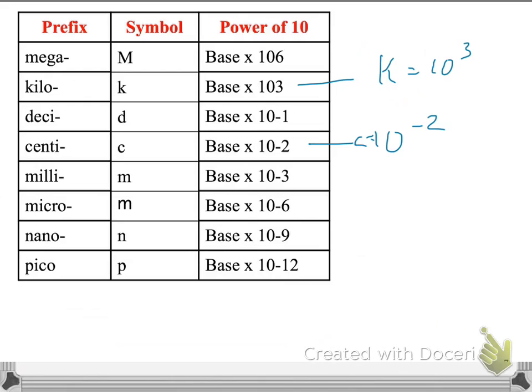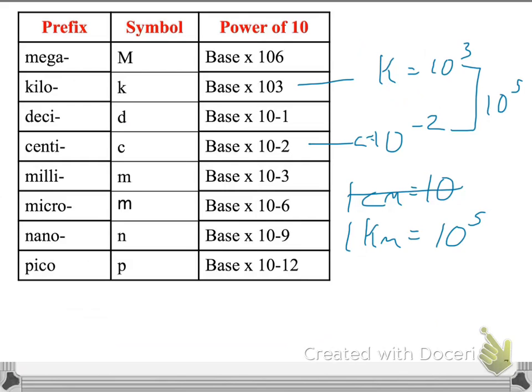So we can see they're different by a factor of 10 to the 5th. And so we could say 1 of the large unit, 1 kilometer, is equal to a lot of the small units, 10 to the 5th centimeters.